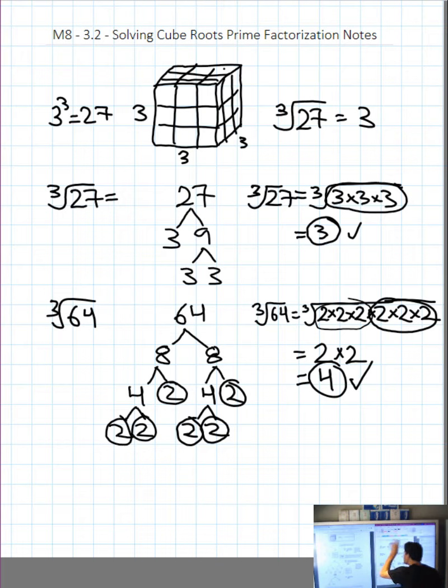The cube root of the volume is the side length, where the side length cubed is the volume. Now we're going to use this to help us solve square roots in the rest of math, but specifically Pythagoras' theorem.